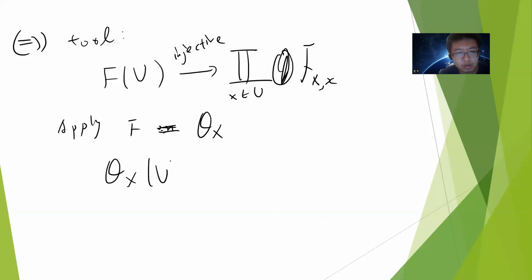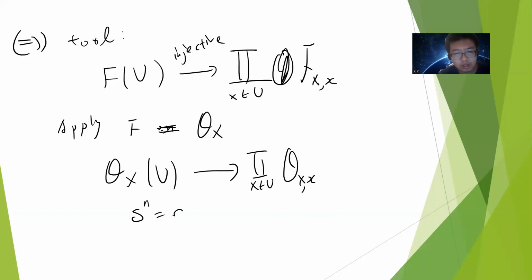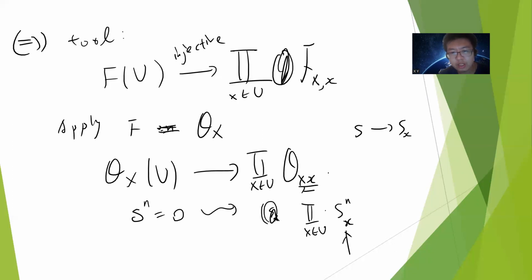So this means that x belongs to U, and we look at O_{X,x}. Now if I take an element s, and I say that s maps to x in the stalk, and x^n is 0, but this stalk is reduced, so x^n is 0 implies that x is 0.